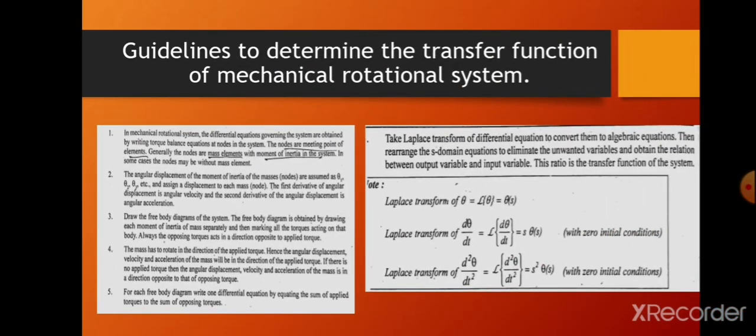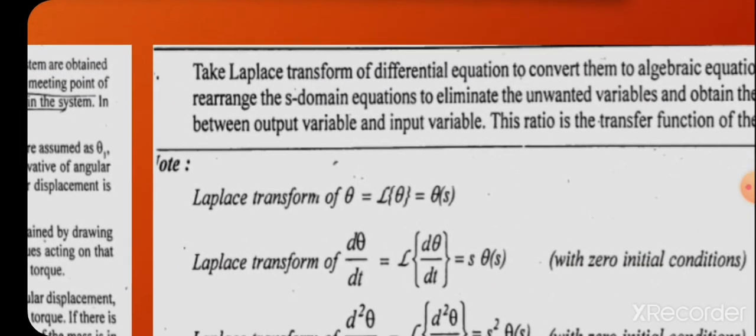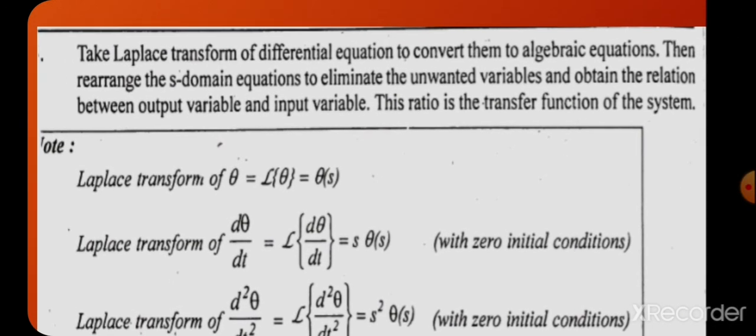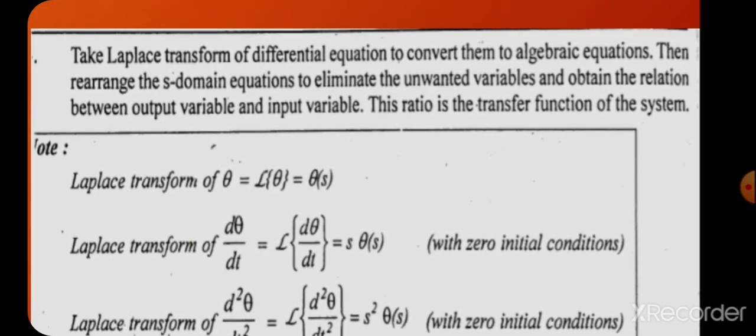And in the sixth step, once we have the differential equation, we take the Laplace transform of the differential equation to convert it to an algebraic equation, and then rearrange the S-domain equations to eliminate the unwanted variables and obtain the relation between output variable and input variable. This ratio is called the transfer function of the system. So in the last step, we take the Laplace transform of the differential equation and rearrange that equation in order to get the transfer function of the system.